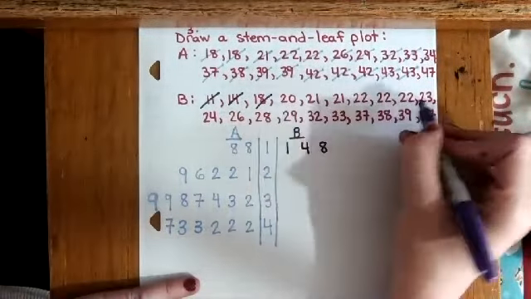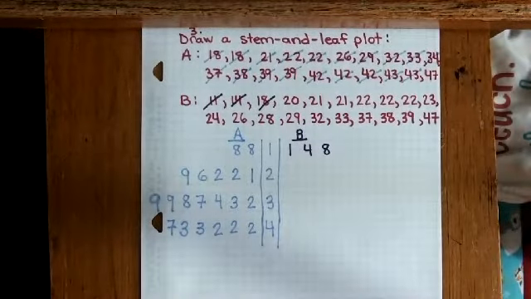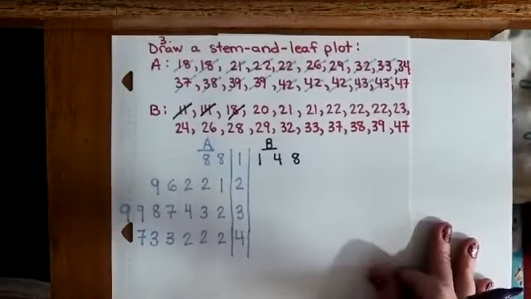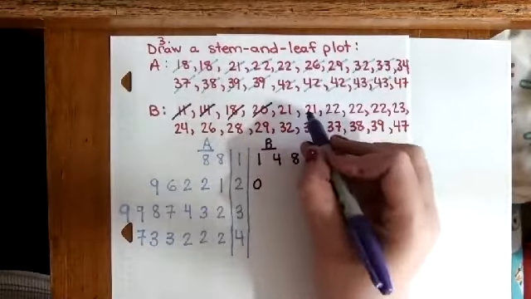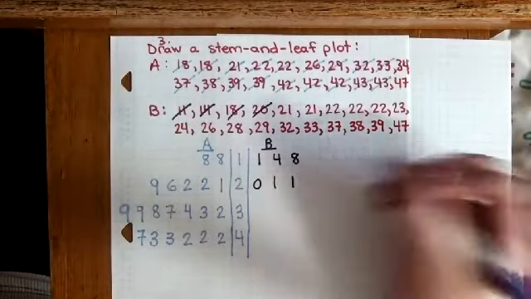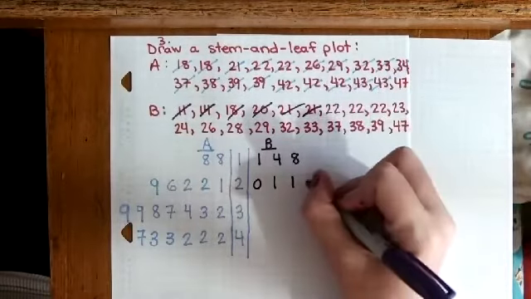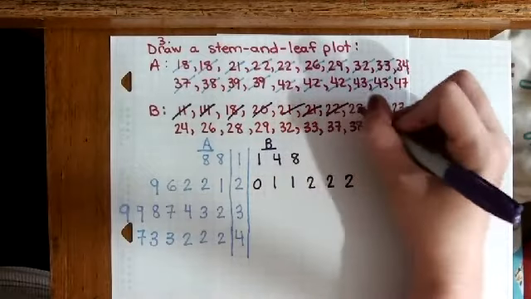Right, now let's get our 20s on there. Here, I probably need the extra paper on this side. Look at all those 20s. Okay, so let's get our 20s up here. We have a 20, two 21s. You want to represent your doubles. Three 22s. 1, 2, 3.